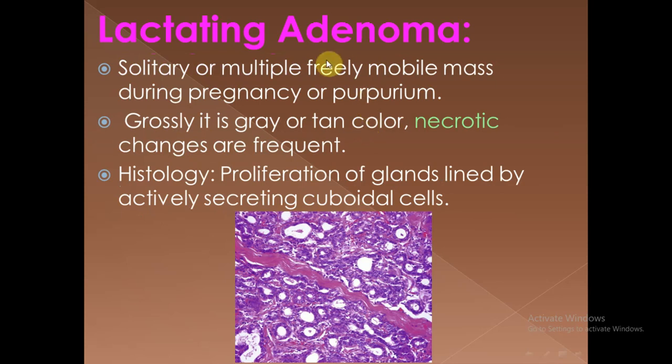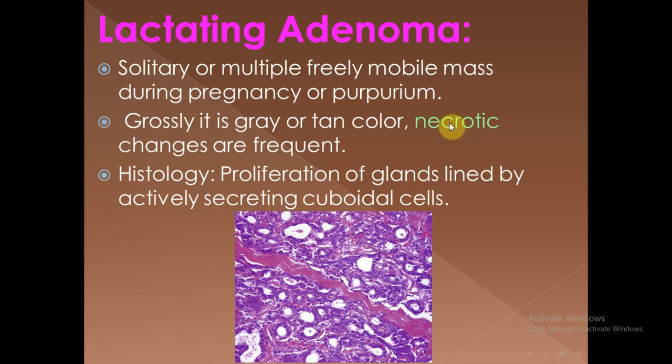Lactating adenoma certainly occurs in patients who have a history of pregnancy or labor. A characteristic feature that can make this tumor be mistaken grossly for malignancy is the presence of necrosis.